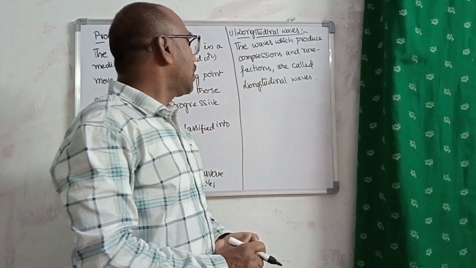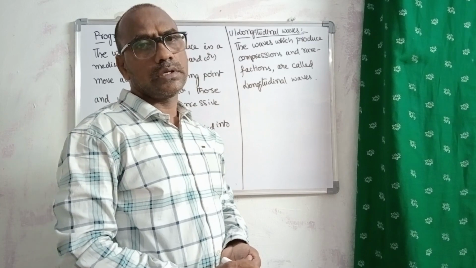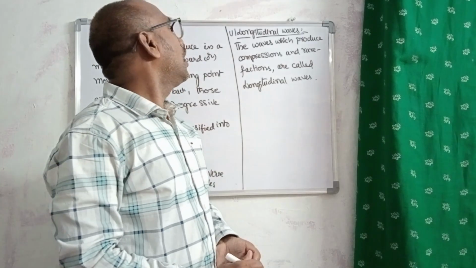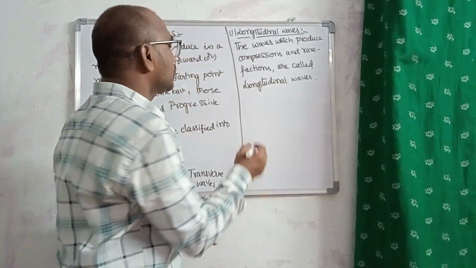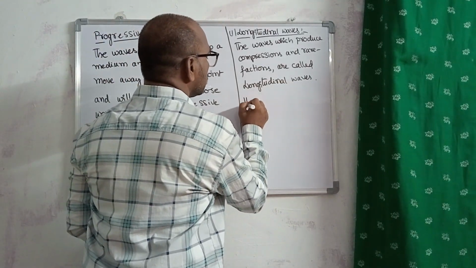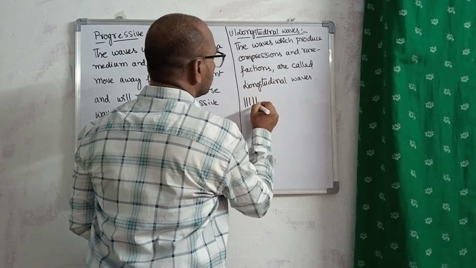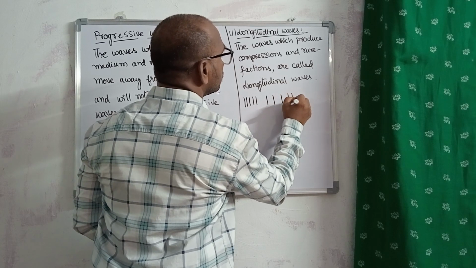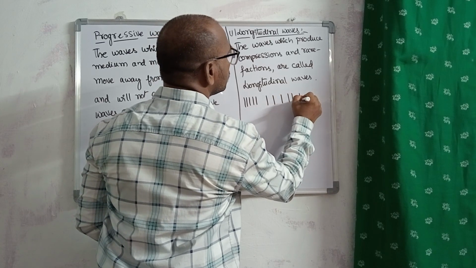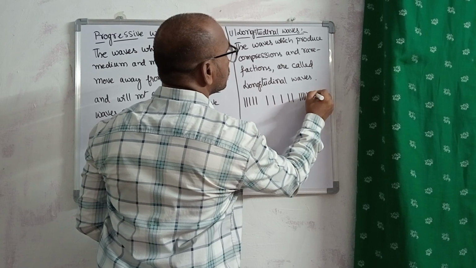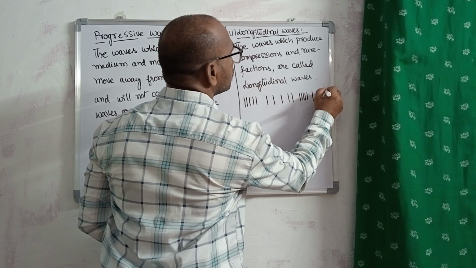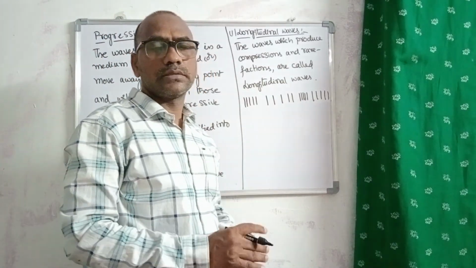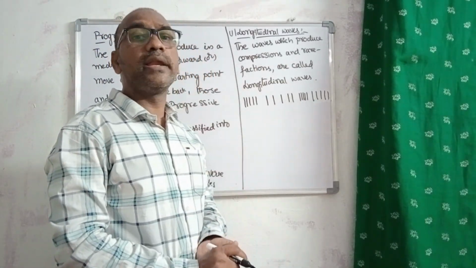Now, what are compressions and what are rarefactions, we will discuss. What is the structure of longitudinal waves? This is the structure. 5 particles I am considering. See here, these are the air particles or medium particles.